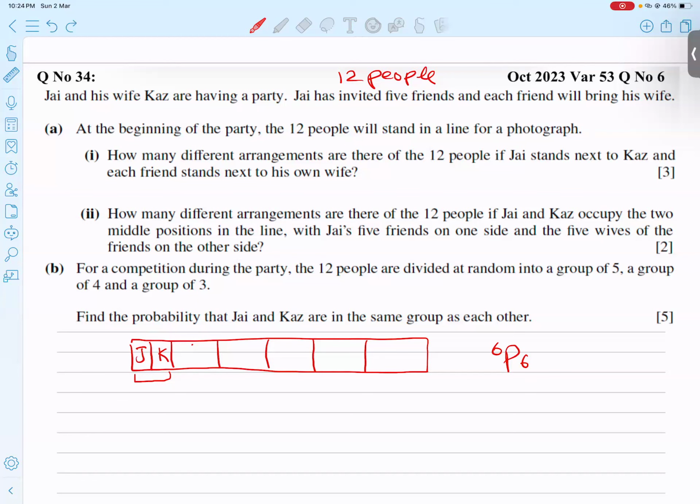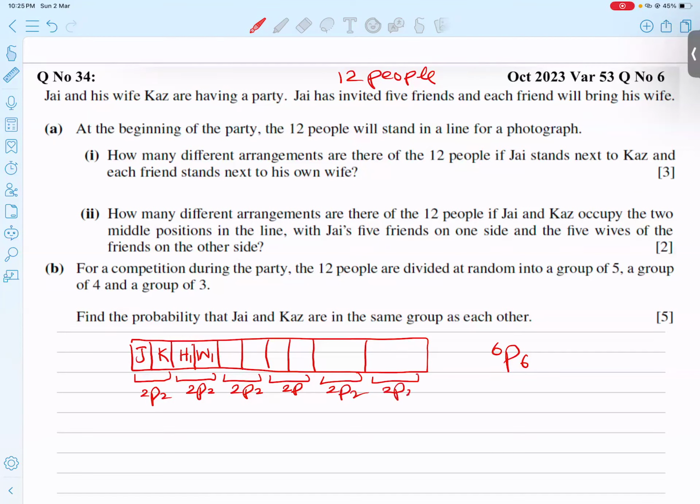So these two can be arranged in 2P2 ways. What about this one? Husband number one has wife number one. They can also be arranged in 2 orders, so 2P2 again. Same situation with this one, and this one, again 2P2.